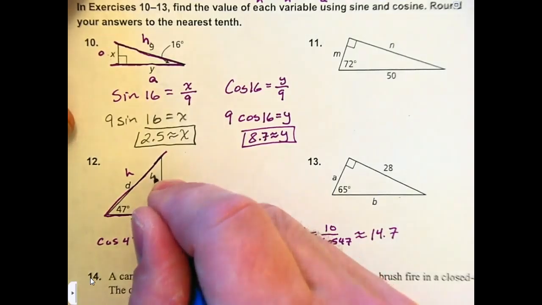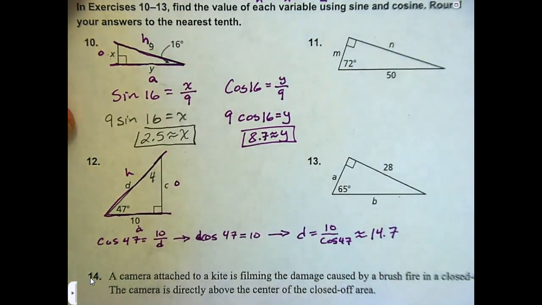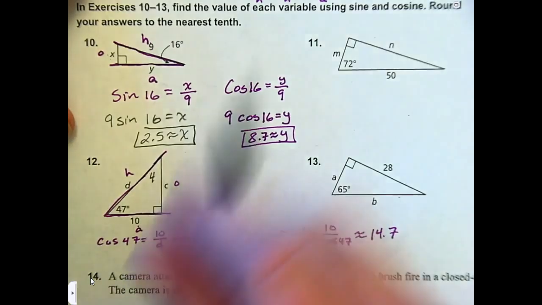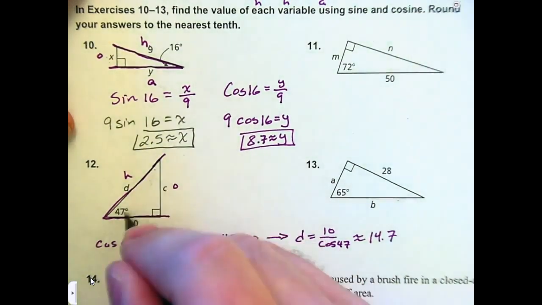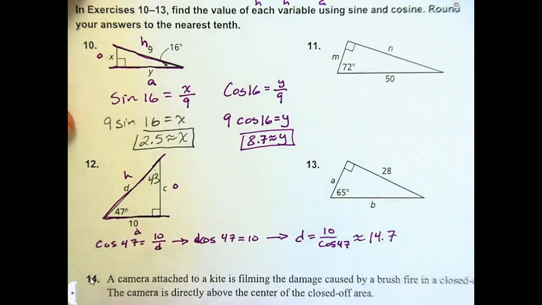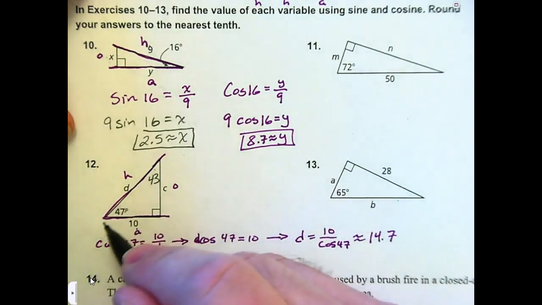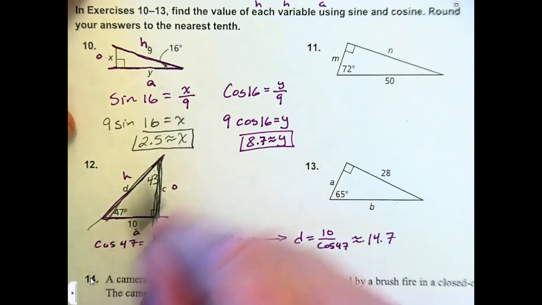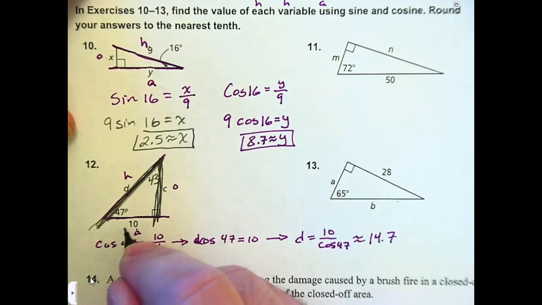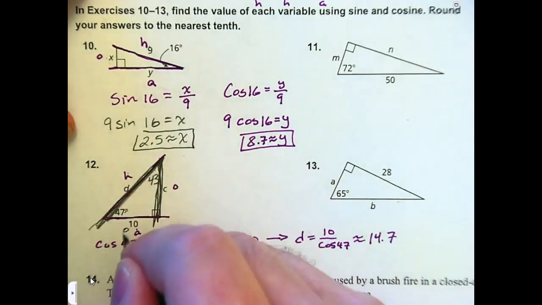What is it? 43. Yeah, these two have to add up to 90, right? So that's 43. If I wanted to, I could trace that angle, and that would make this the opposite, and that's still the hypotenuse.